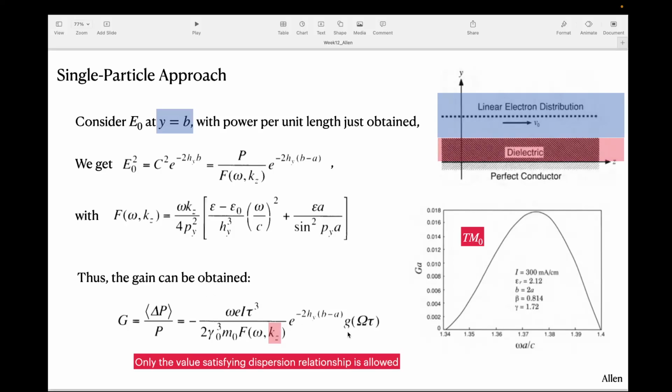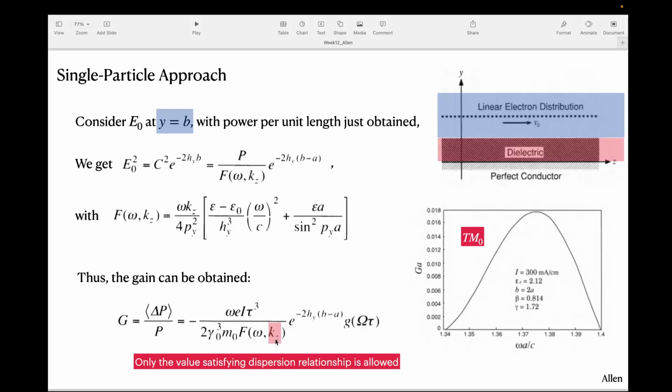So with the small gain function that we just showed in the previous slide, the actual plot is plotted this way, and this is the case for the lowest mode, which is TM0. And please note that the kz here is not an arbitrary number.